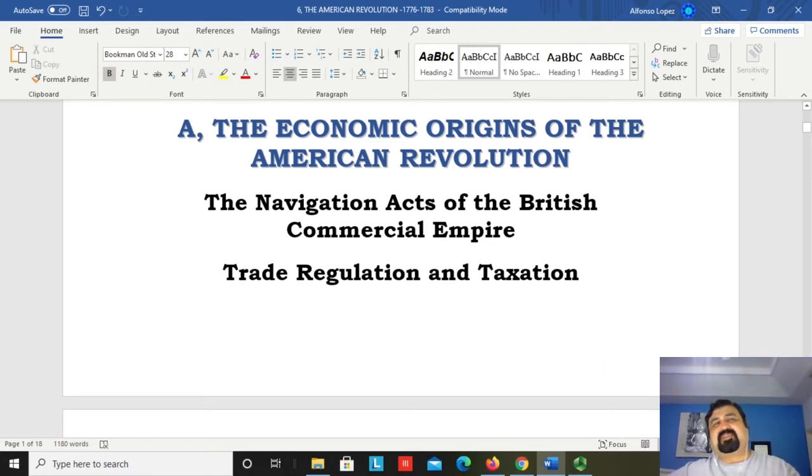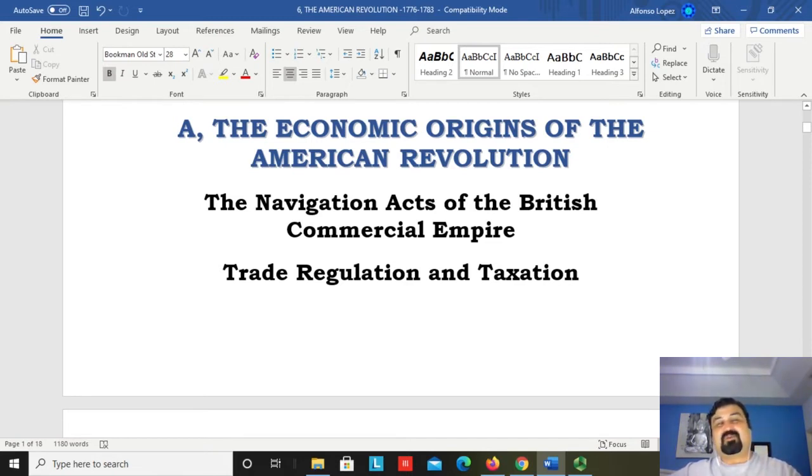This is something that comes about much later, once the colonies are producing products, generating resources and crops. And so the British Parliament moves forward with introducing laws to regulate particularly that trade.